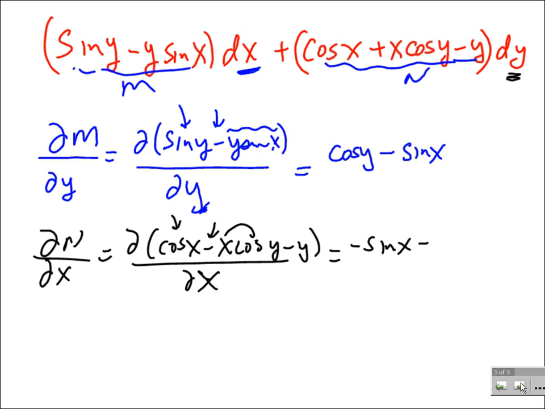Now we have x times a constant. Cosine of y is a constant. With respect to x, the derivative of x times that constant is just a constant. Minus the derivative of y. Y is a constant because we're taking the derivative with respect to x. The derivative of y is 0. And the rule for taking away 0 is don't even bother.